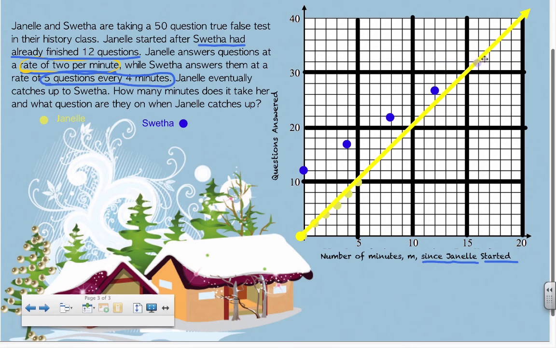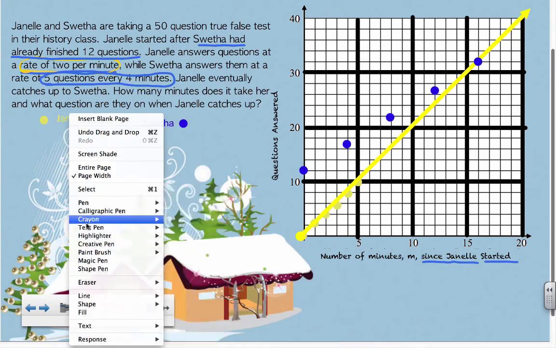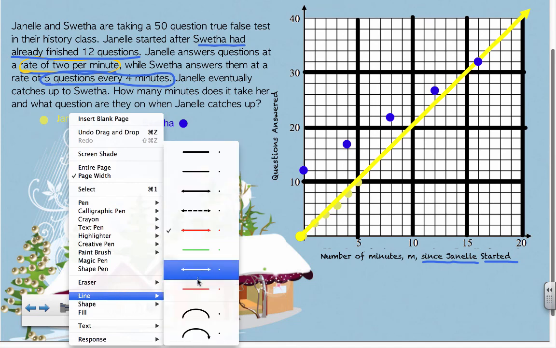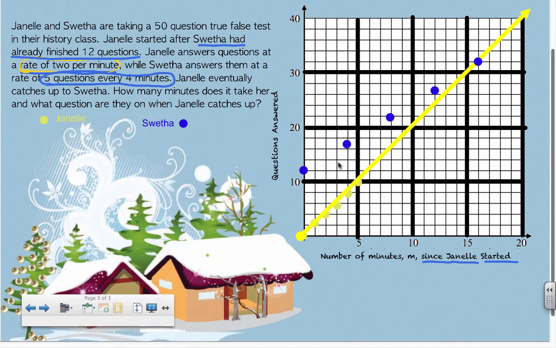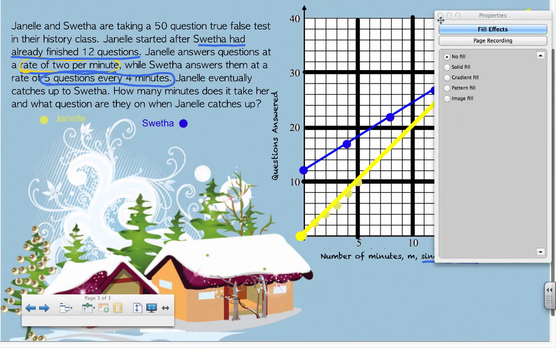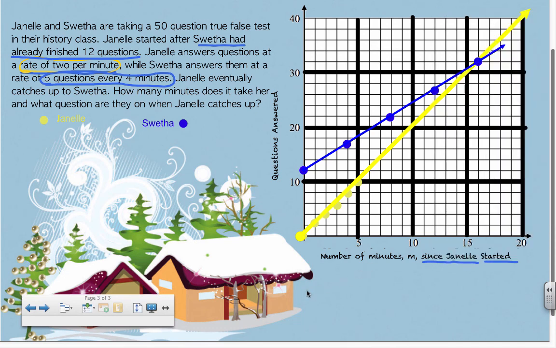And look, there we go. There is my blue and yellow lines crossing. So again, I'm just going to make it look pretty. And now I can answer my question. Remember, we must clearly answer it. That's where they cross right there.